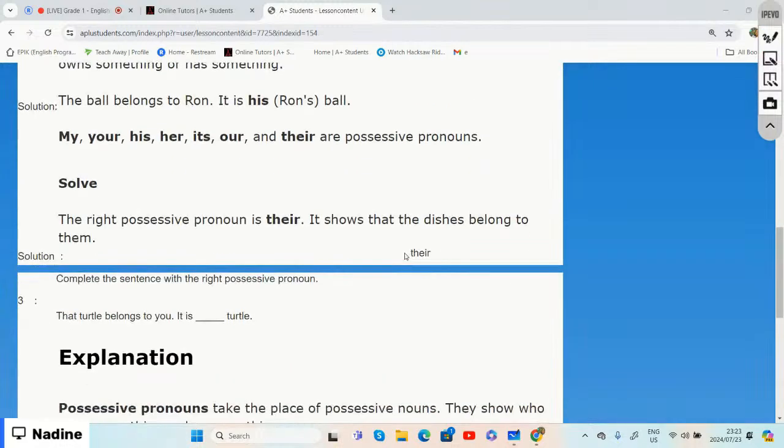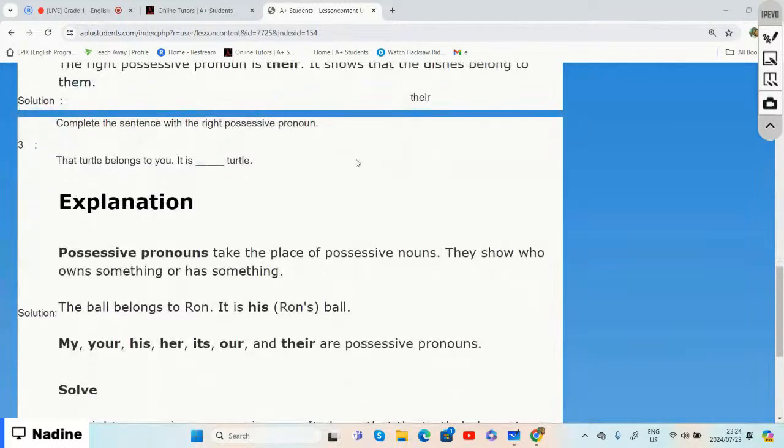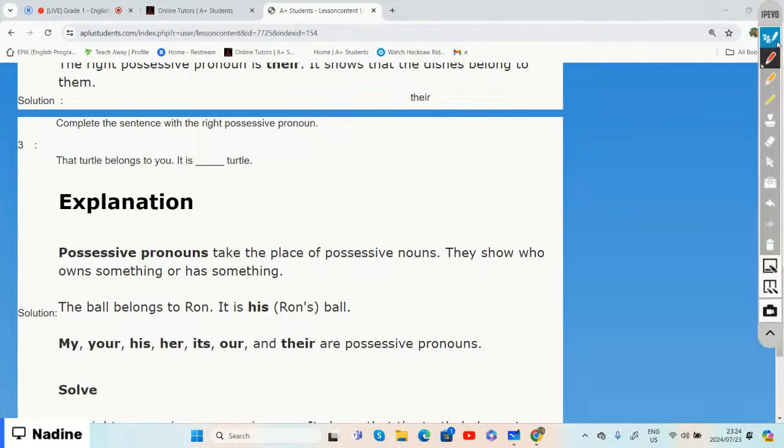So we're going to the next one and it says complete the sentence with the right possessive pronoun. It says that turtle belongs to you. If the turtle belongs to you, right?